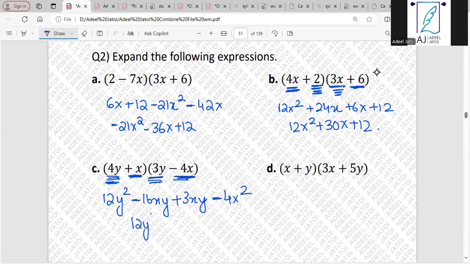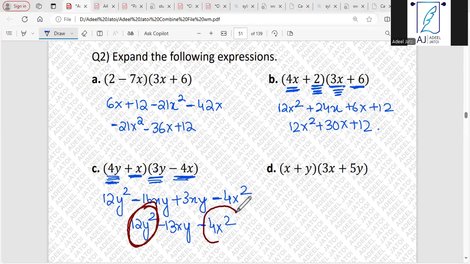So 12y square minus 13xy, because minus 16xy plus 3xy is minus 13xy, minus 4x square. Now, in this regard, if you see, there's a square up front and there's a square in the end. So we're going to keep it like that. Minus 13xy will be in the middle, because square numbers should always be at the front or in the end. But minus 16xy and plus 3xy becomes negative 13xy.